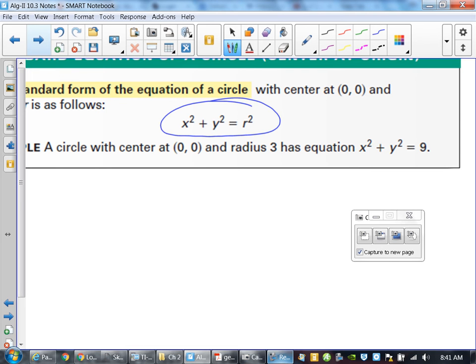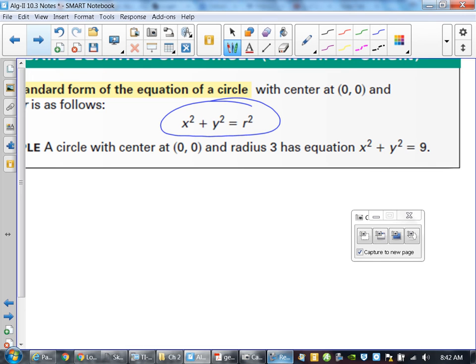Today we're talking about circles that will be centered at the origin, and that means that your h and your k value are both 0. There's no horizontal or vertical shift to it. Everything will be placed at the origin, and your radius is just going to be some value r. The generic form of every circle is written in this conic form: x squared plus y squared equals r squared, where r is your radius.